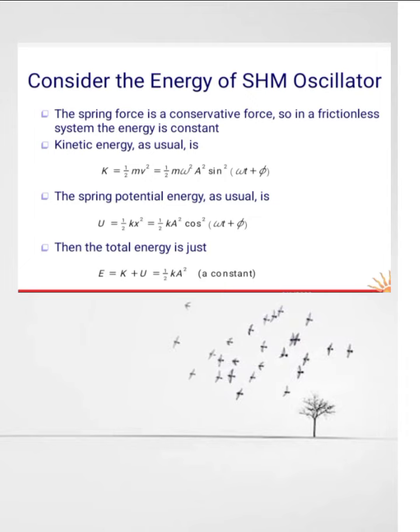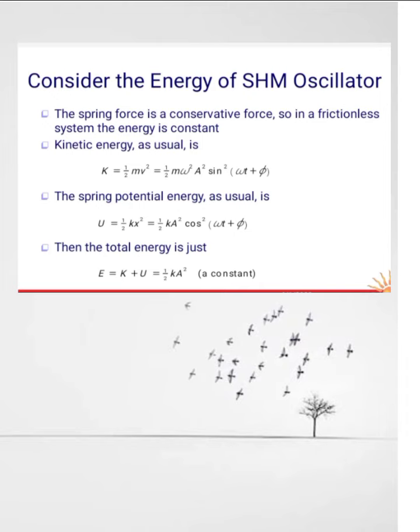Consider the energy of the oscillator. Point 1. The spring force is a conservative force, so in a frictionless system the energy is constant. Point 2. Kinetic energy, as usual, is K equals 1/2 mv², which equals 1/2 m ω² A² sin²(ωt + ψ). Point 3.